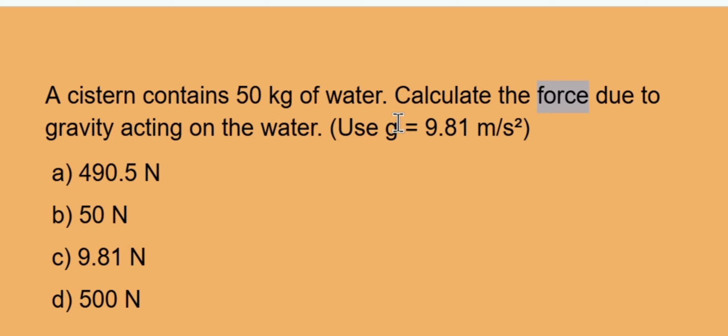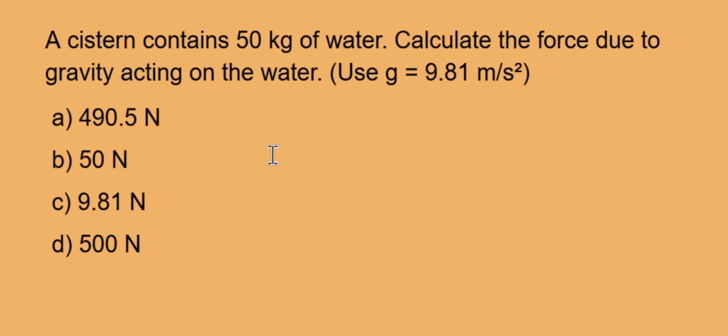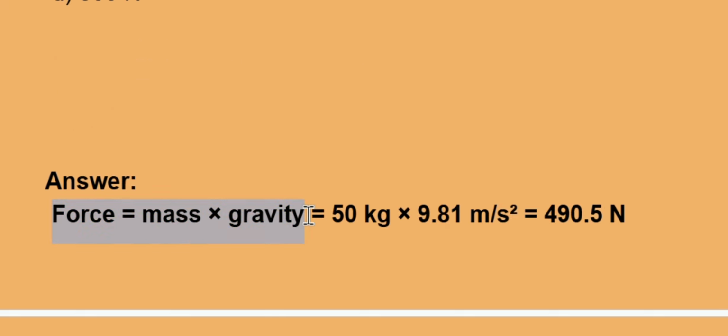The question asks us for the force, so we need to know the formula. 9.81 is important to remember because the formula for force is mass times gravity. So if gravity is 9.81, we just need to know the mass, which is 50. So 50 times 9.81, it's going to be A, 490.5. Okay, so do remember this. It's one of the more important formulas you're going to have to remember, and it could come up.